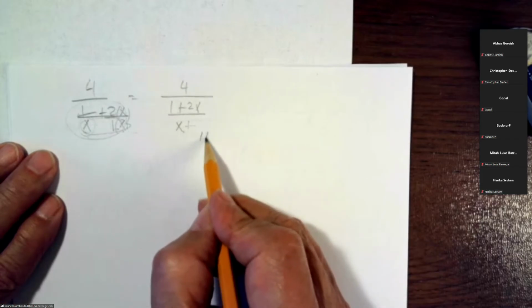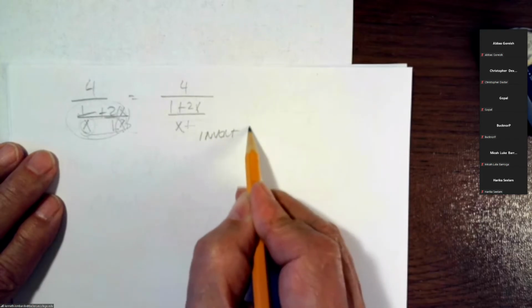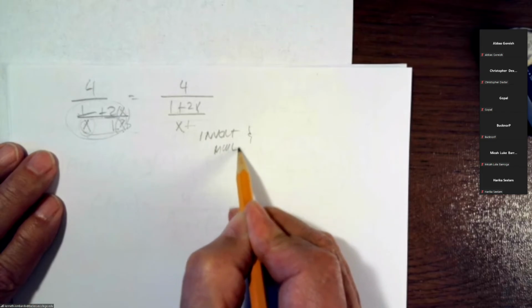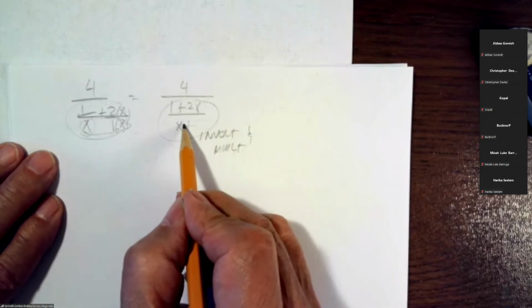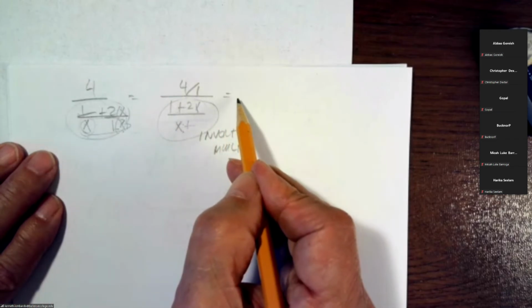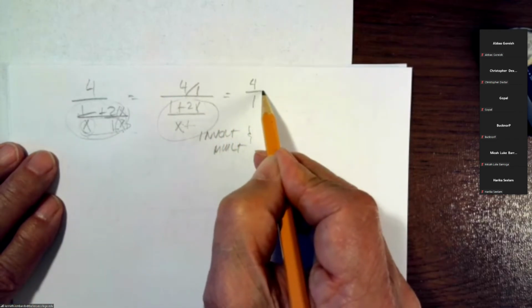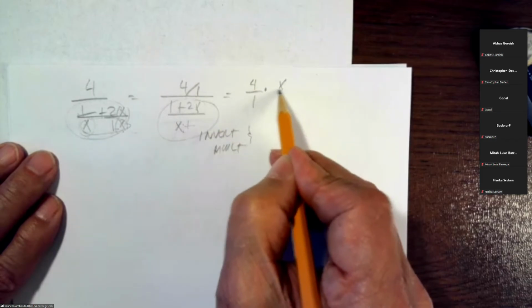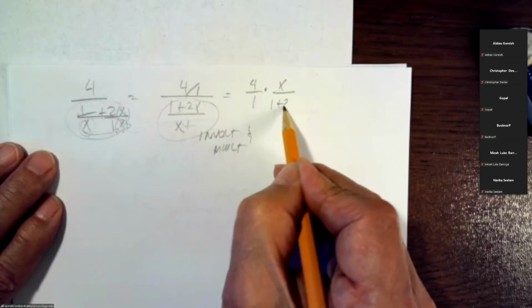Now we want to invert and multiply this thing. And this 4 is really 4 over 1, isn't it? So we have 4 over 1 times inverting this and multiplying.